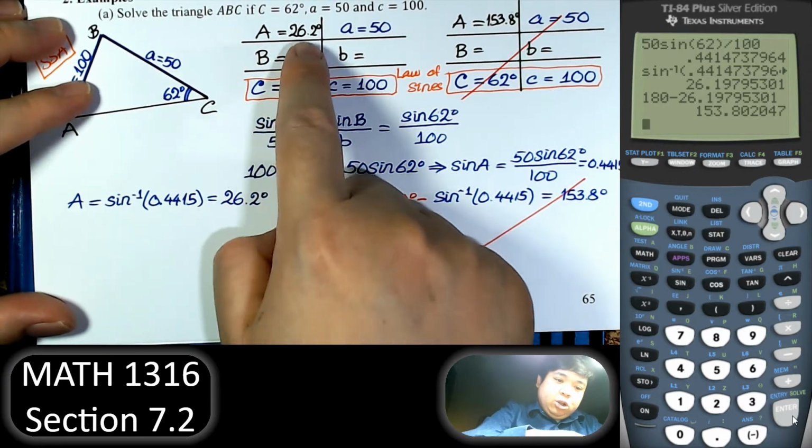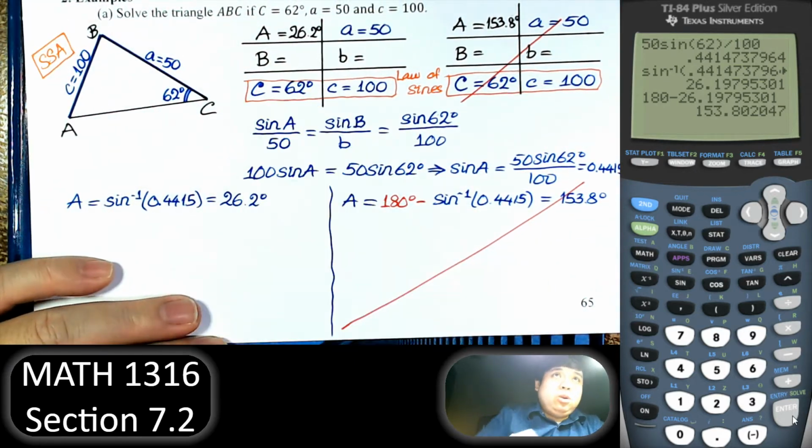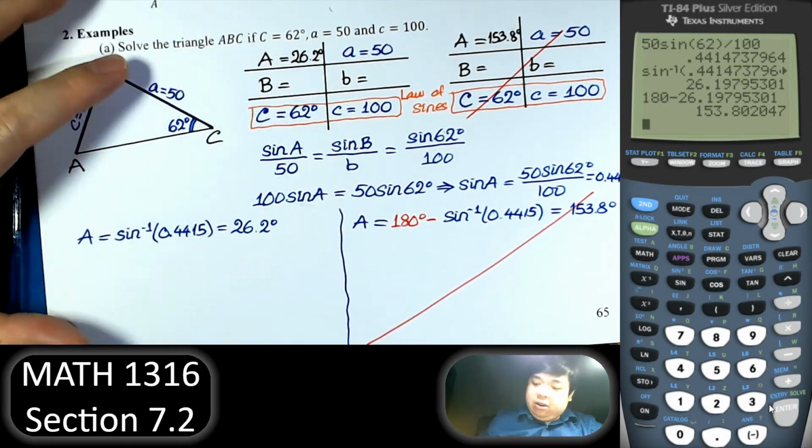So 26.2. Now we know two of the angles, so we can find the last angle.